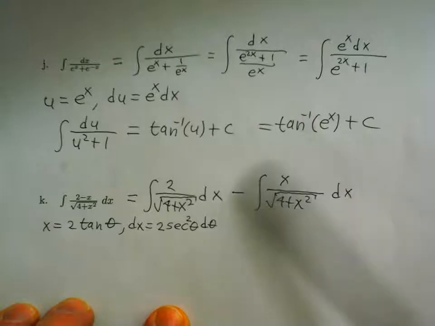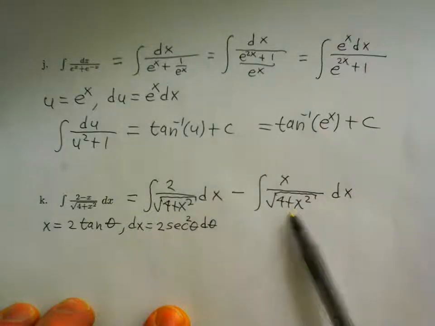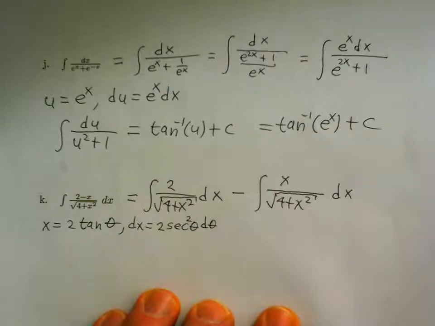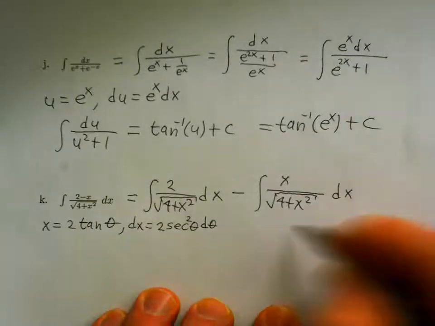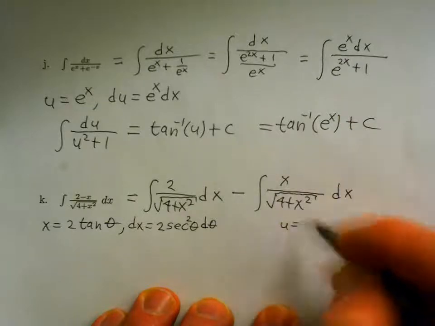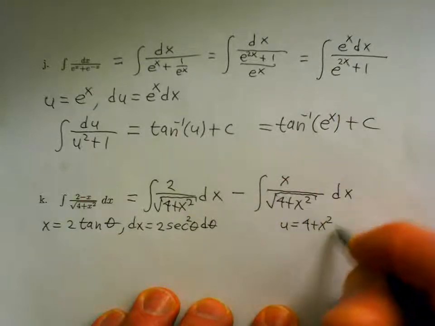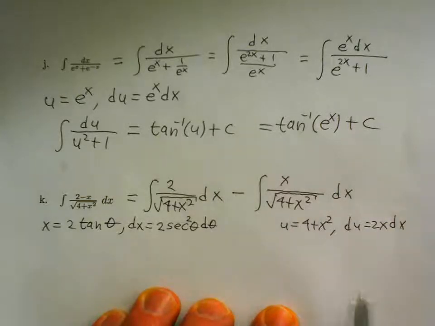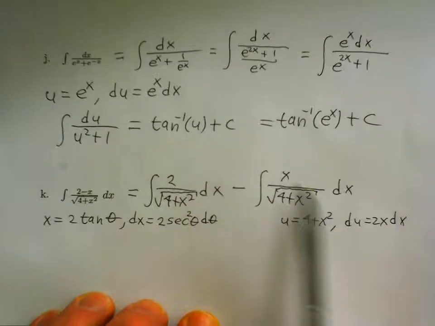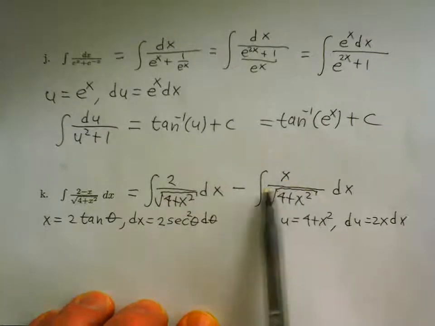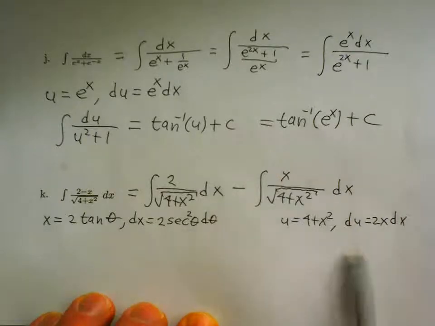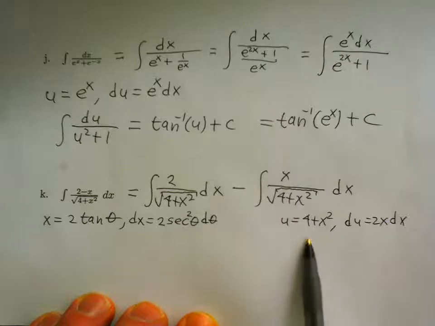For the integral on the right, we could use the substitution rule if we let u be 4 plus x squared. So over here, u is 4 plus x squared, and du is 2x dx. So we already have the x, we just need to multiply by 1 in the form 1/2 times 2. And then use the substitution rule to evaluate that.